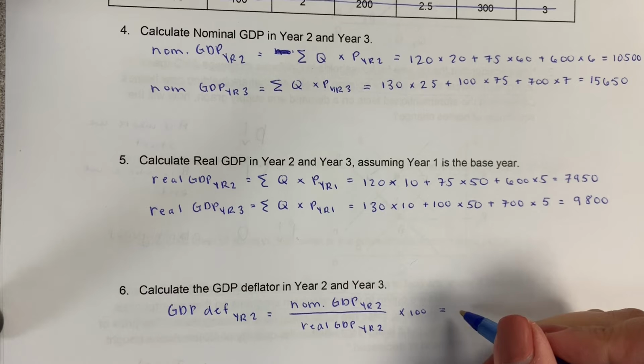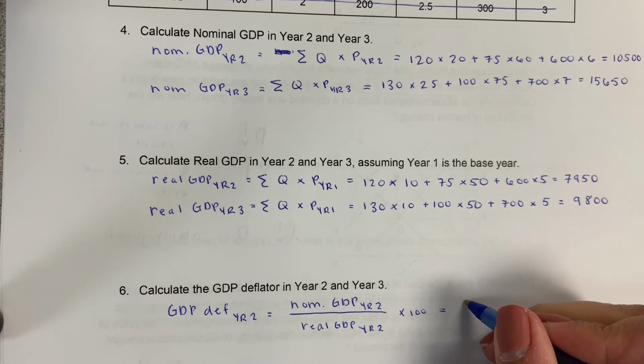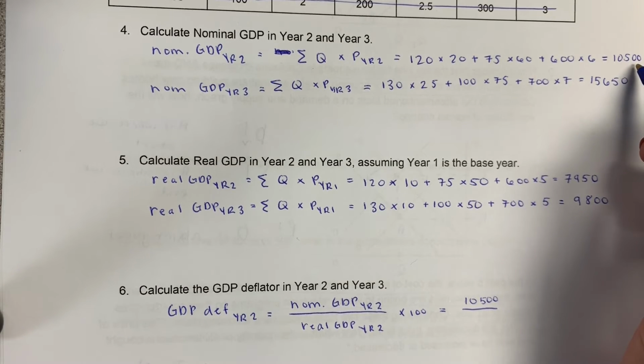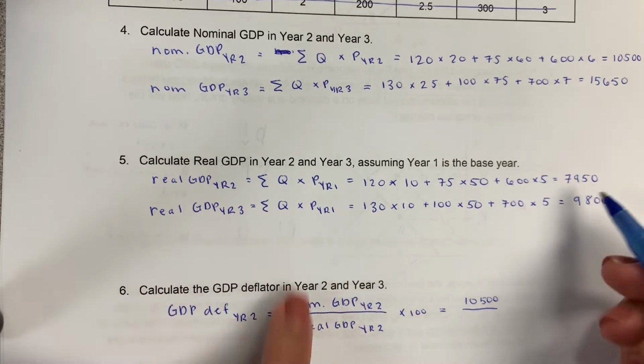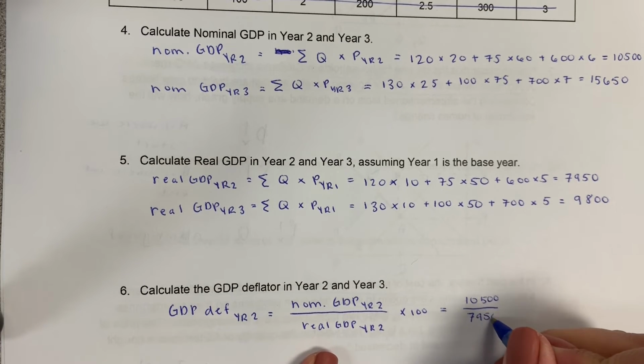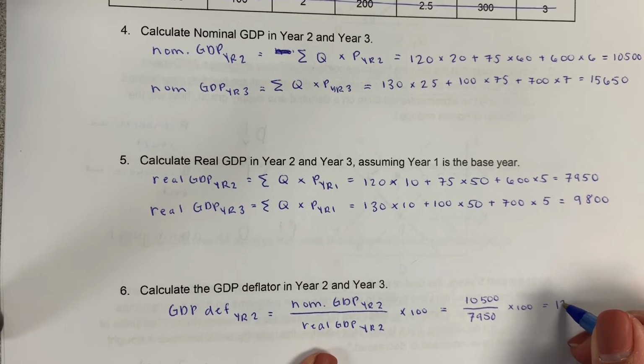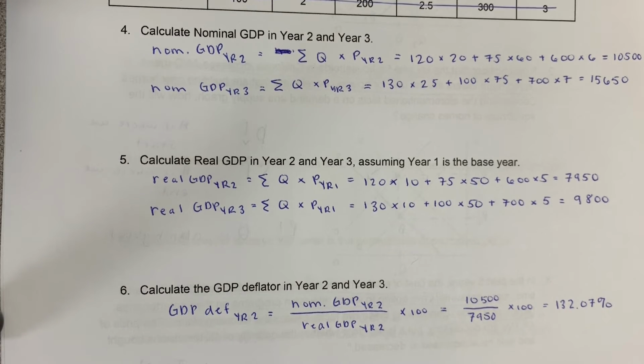So this is 10,500, our nominal GDP in year 2, divided by real GDP in year 2, 7,950, multiplied by 100. This gives me 132.07%. Again, what the GDP deflator tells me is it measures the level of price changes over time. Are they increasing? Are they decreasing?